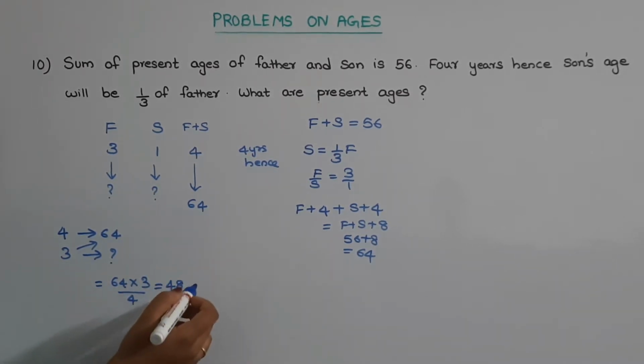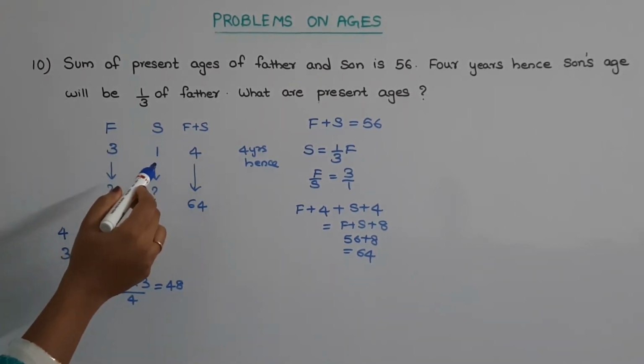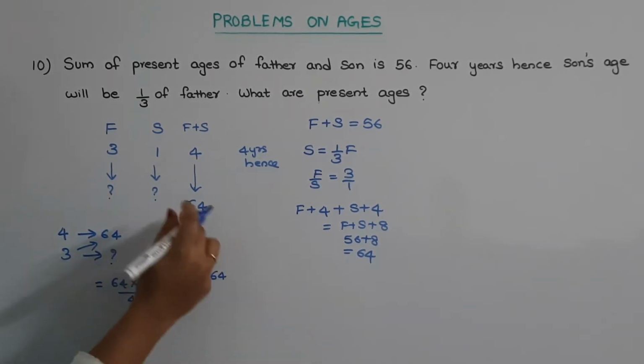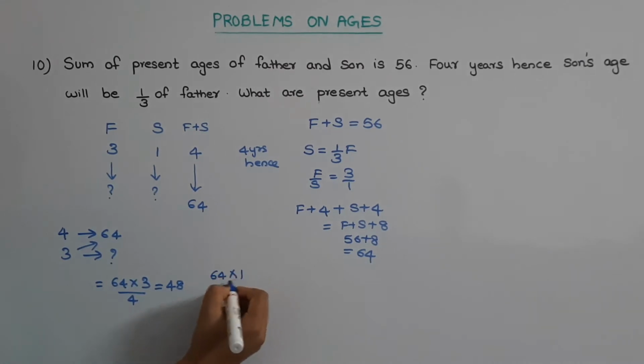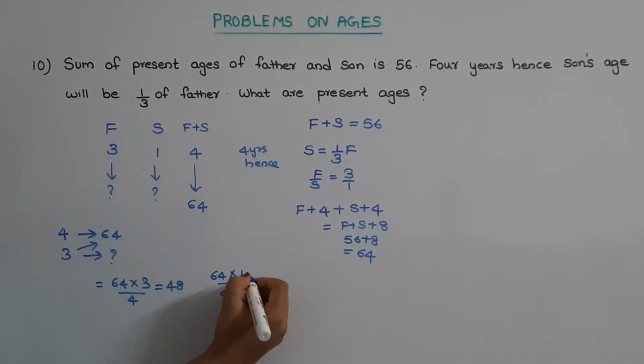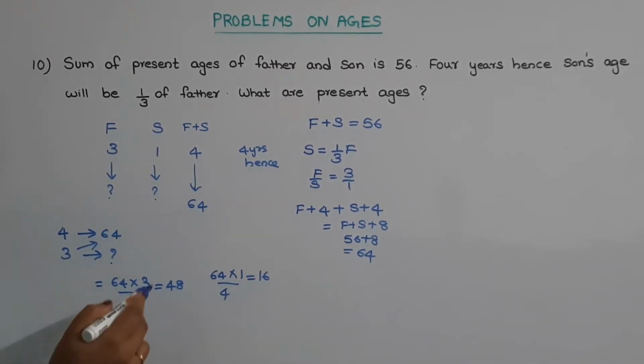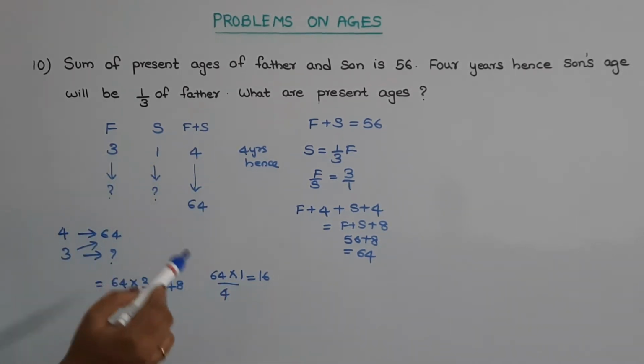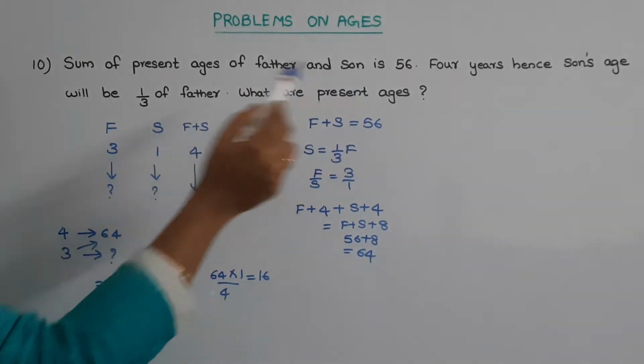Similarly, we can also find the age of son after 4 years. That will be equal to 64 into 1 by 4, that is 16. Now these are the ages of father and son 4 years hence. But in the question they are asking us to find their present ages.